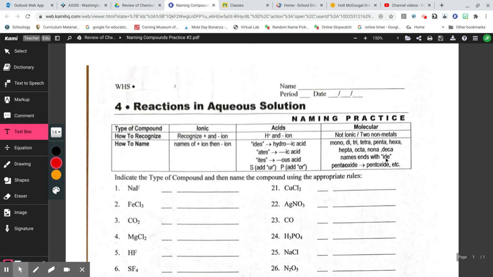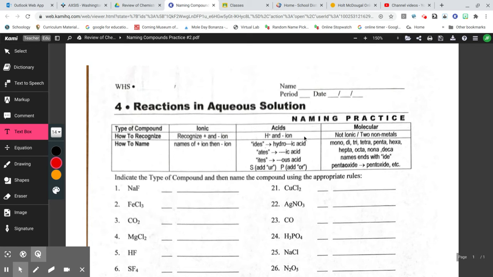And remember the second element in the name ends in "ide." Sometimes you may drop the A to shorten pentoxide. And if it's the first element in the name, you do not use the mono prefix, but you would use di up through deca.